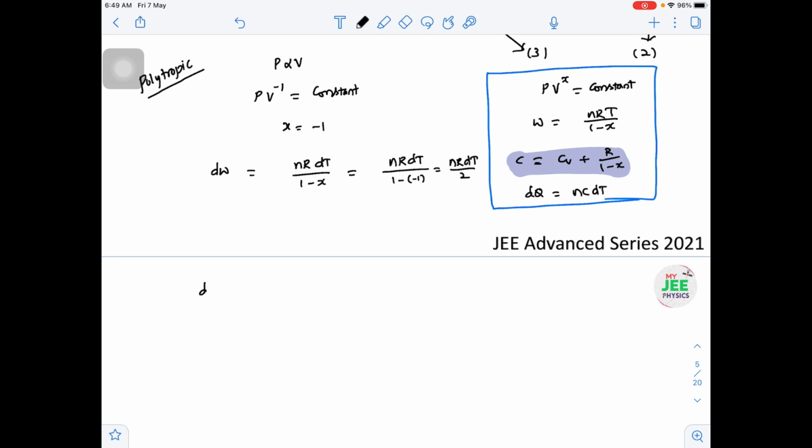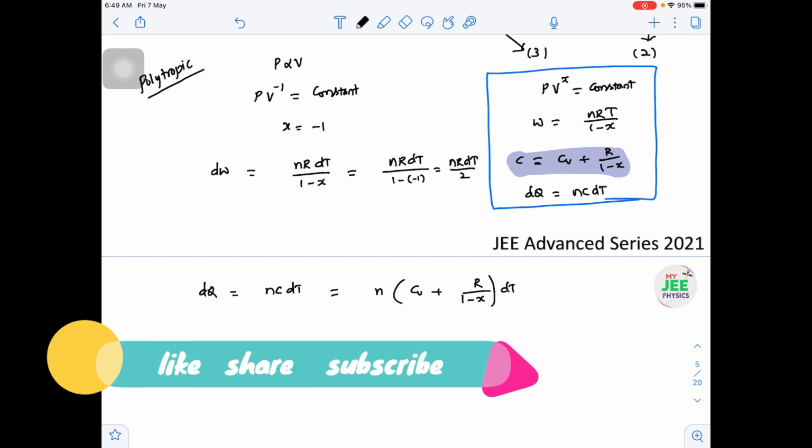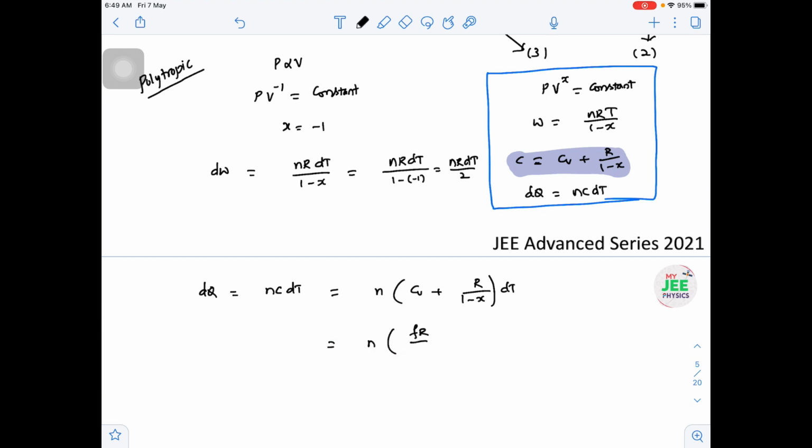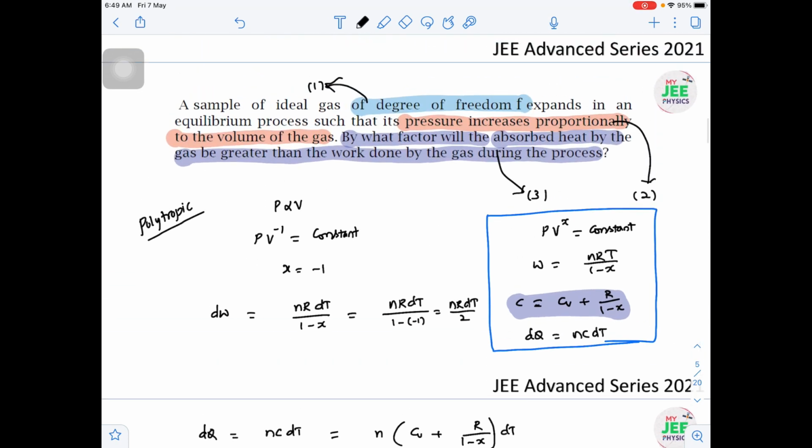Then the heat absorbed by the gas is equal to nC dT, but the C value is equal to n into CV plus R by 1 minus x, applied directly into dT. So n into CV I can write as fR by 2, because they have not given the gas nature, they have given the degree of freedom.